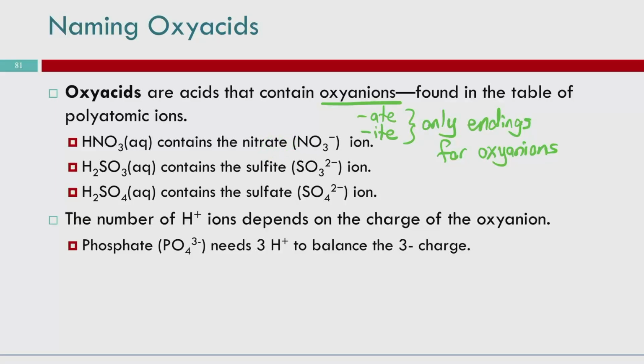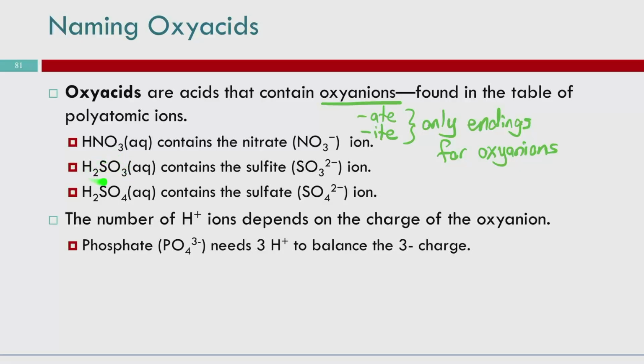So let's look at some oxyacids. We've got HNO3. It's got an H in front, so we know it's an acid. It's got NO3 after that, so we know it's an oxyacid. And the NO3 is the nitrate ion. NO3 minus is nitrate. H2SO3, we've got hydrogen in front, letting us know that it's an acid. SO3 has oxygen in it. It's an oxyanion.